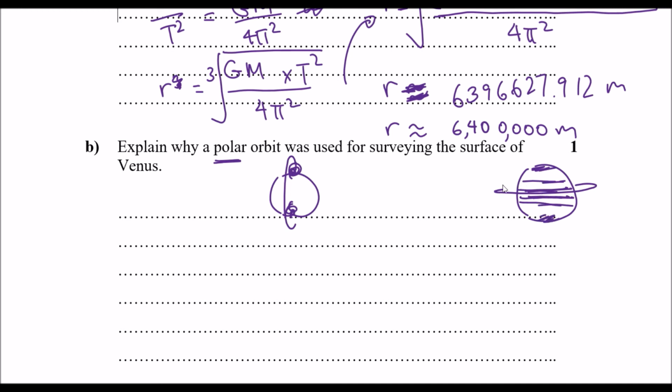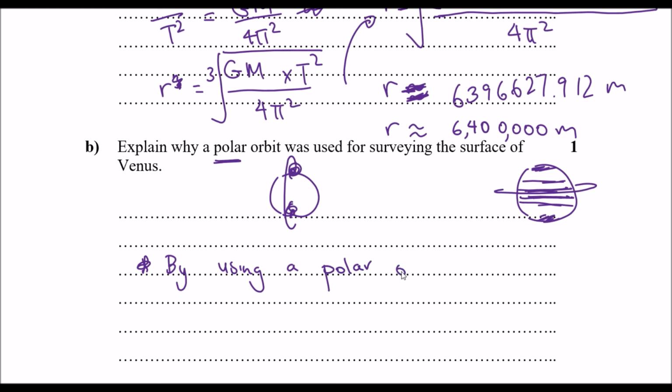So if we were just to do it horizontally or geostationary, so to speak, we wouldn't be able to find a really diverse amount of environments to observe. By doing it polar, we actually expose our satellite to all the different types of environments that could be existing on Venus.